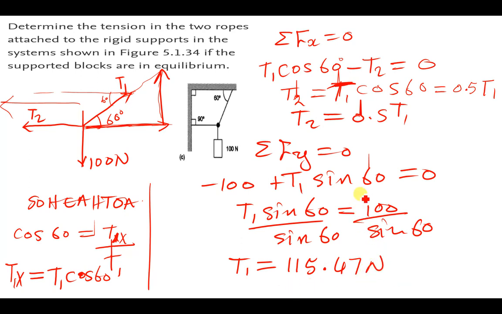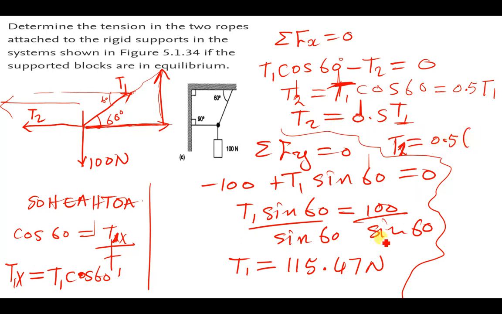So now to find T2, T2 is going to be found by just replacing T1 there. So how do we do that? Simple. So T2 will therefore be equal to 0.5 times my T1, which is 115.47.